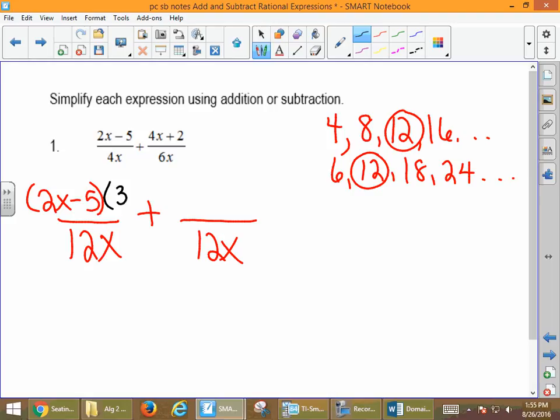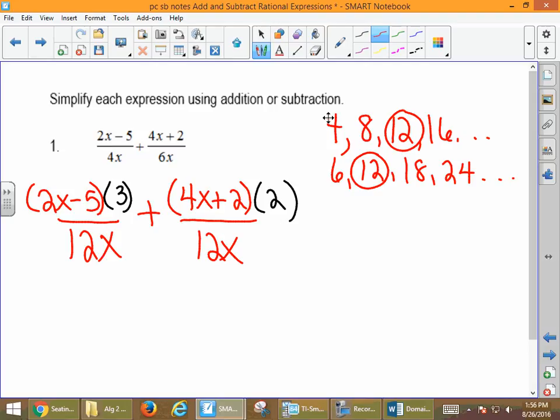So we need to put a 3 in the numerator. Over here, on the 6x, we put something into the denominator. We still have the 4x plus 2 in the numerator, but 6 times 2 is 12. So we need to put a 2 in the numerator.